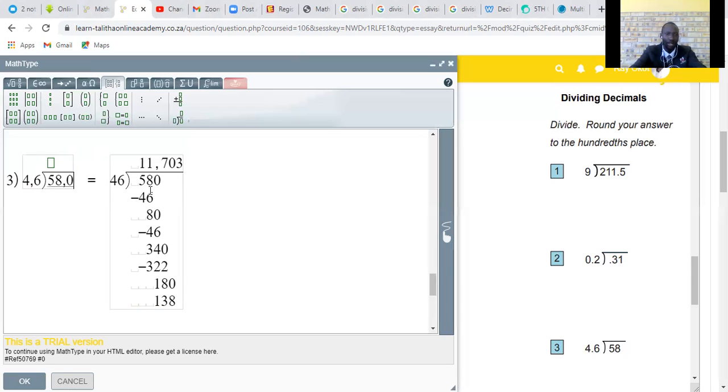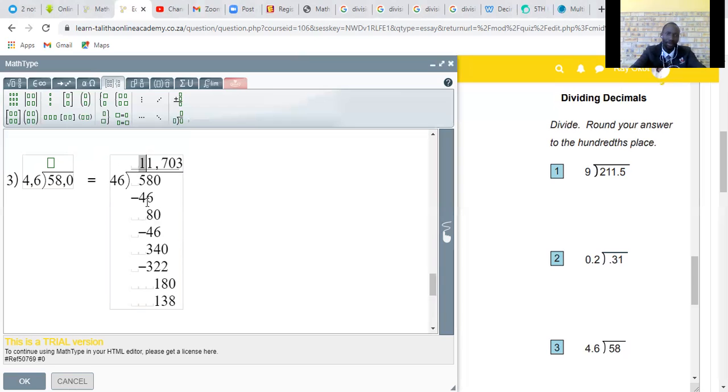The question now is, looking at 58 and 46 first, how many times will 46 go into 58? It will go once. So we write this 1. Now 1 times 46 is 46, and we subtract.